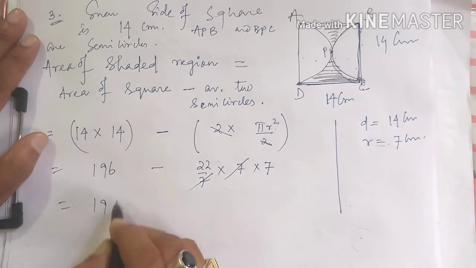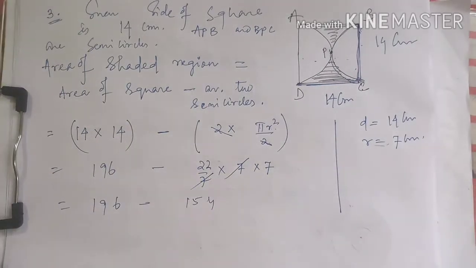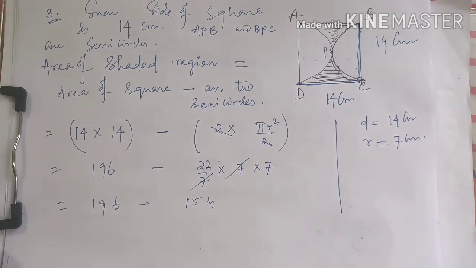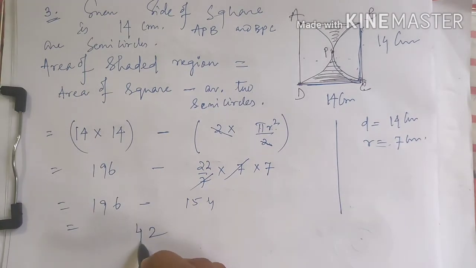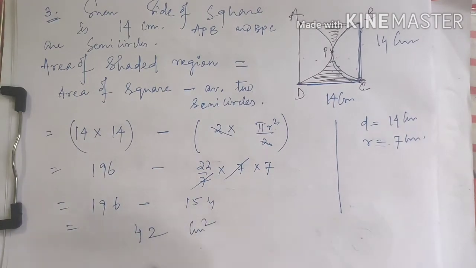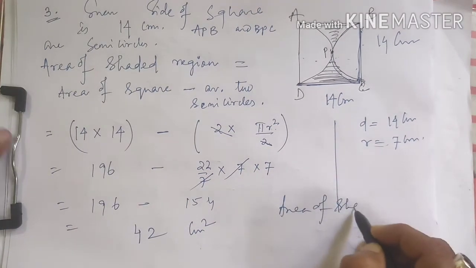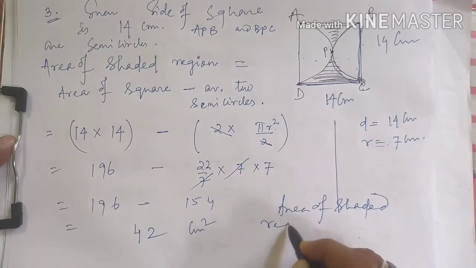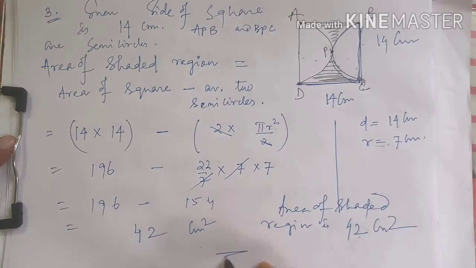Cut here, 196 minus 154, and here you will get by subtracting 196 minus 154, 42 square centimeter is the area of shaded region.